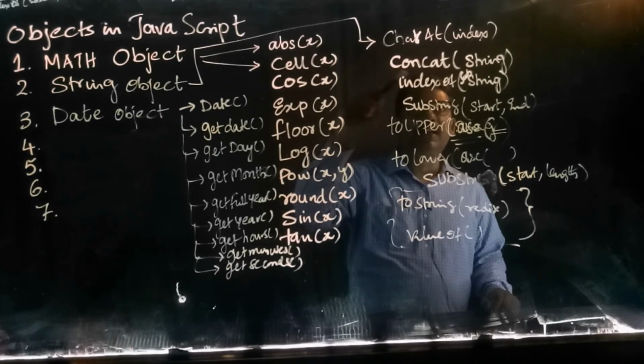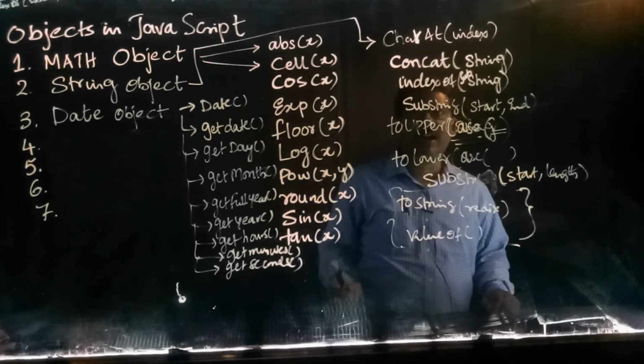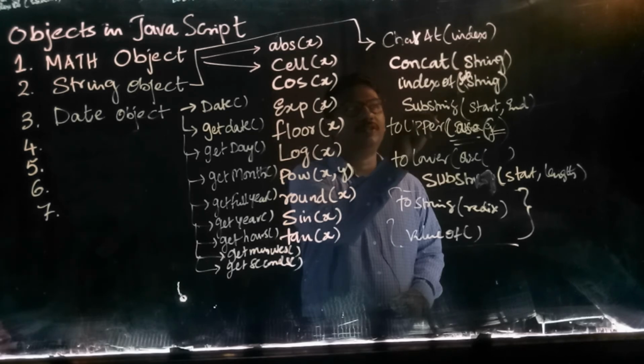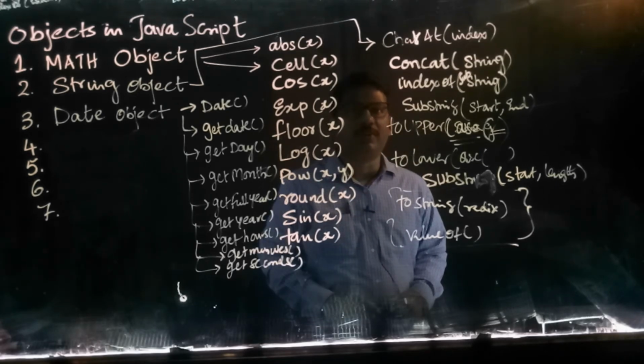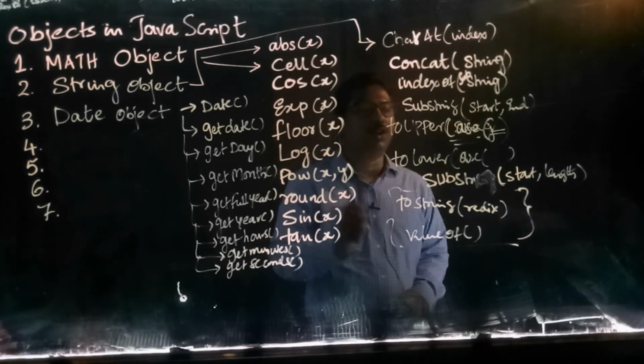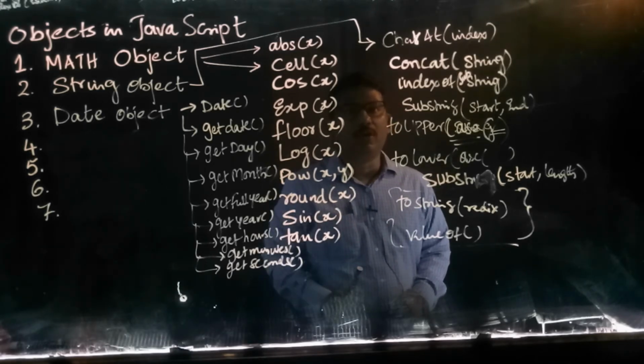Concat, that means it will concatenate the string. Then indexOf substring, the substring index will be given. Then substring start end, the starting position and ending position of a string.